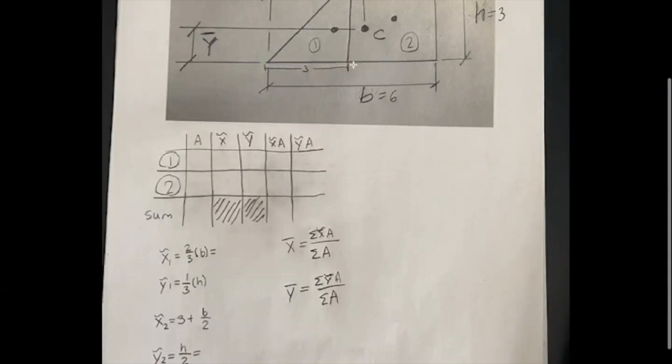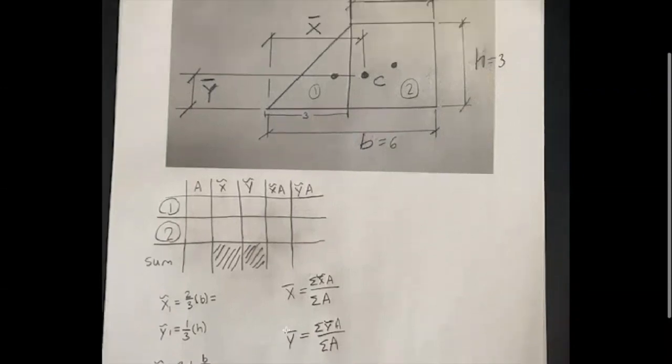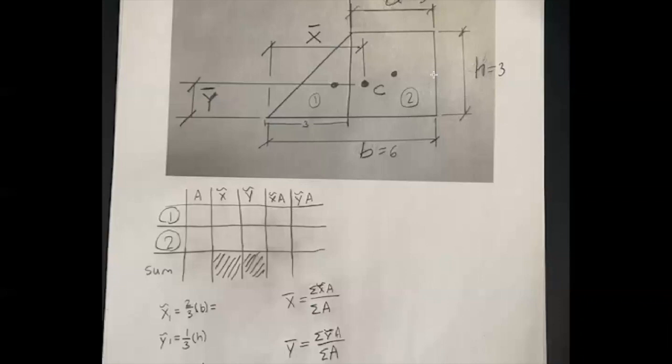Our base is this 3. I know it can be confusing because this b is also labeled b. And then for y, we just do h divided by 2 right here. That's our centroid for the square, and this is our centroid for the triangle.